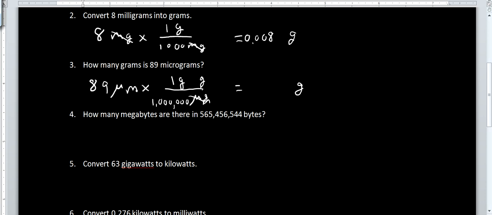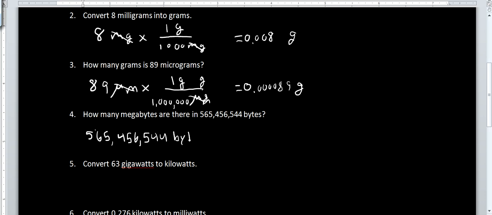Your micrograms will cancel out, and you divide 89 by 1,000,000, and you get 89 preceded by 4 zeros. 1, 2, 3, 4, and 89. That's how many grams.